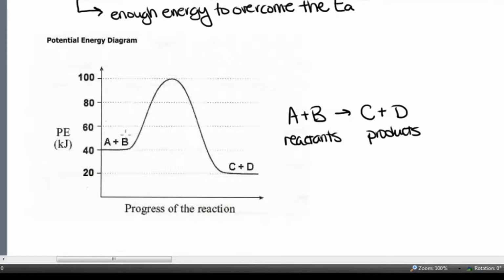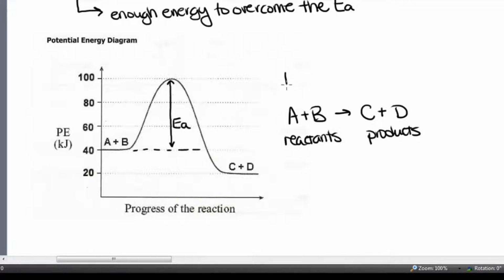In order for these reactants to turn into these products, like we said, there have to be collisions, and those collisions have to have enough energy to get up over this energy barrier. The amount of energy needed to get those reactants, so this is how much energy my reactants have, up over this energy barrier, this distance from here to here, is my activation energy.